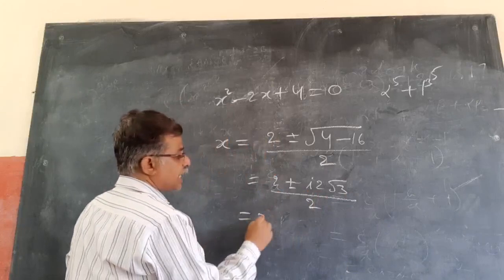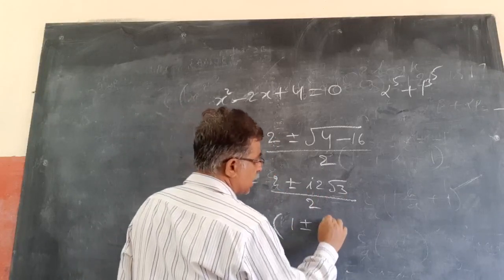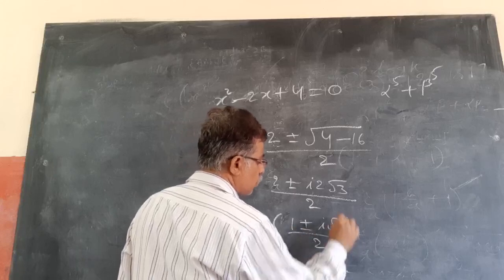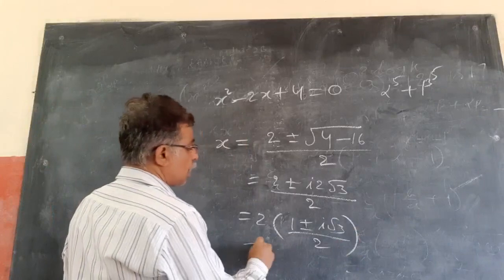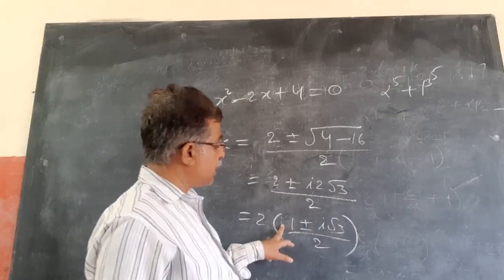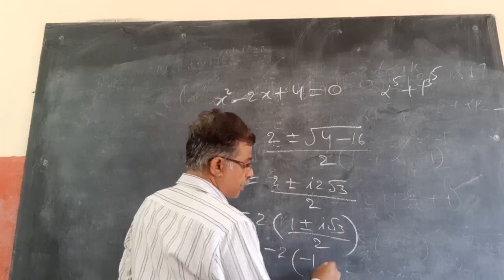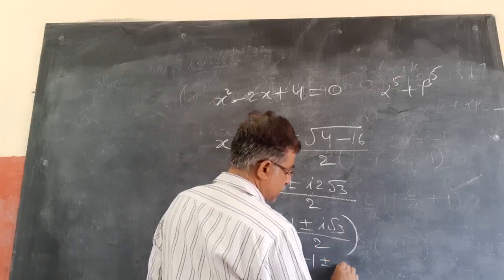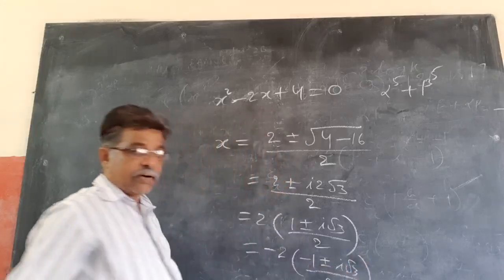Now if I take 2 common, this becomes 1 plus or minus i root 3 by 2. If you observe this, if I take minus common, minus 2 into minus 1 plus or minus i root 3 by 2. This is nothing but omega and omega square.